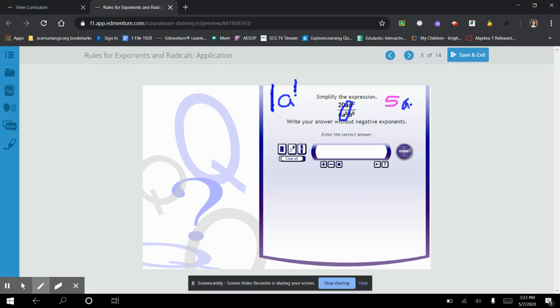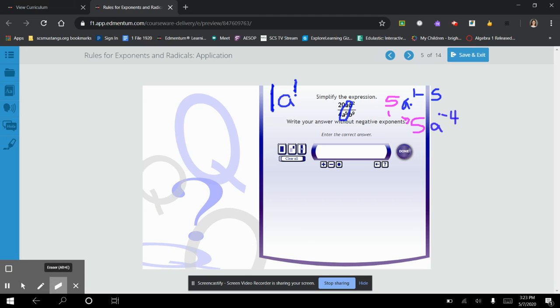So I've got a to the 1 minus 5. And then just go ahead and plug that in your calculator real quick. There's no sense in getting these wrong and then accidentally having a negative somewhere where it shouldn't be or missing a negative where you need it. So if I simplify, I'm bringing down the 5 that I had above. A to the 1 minus 5 is going to give me a to the negative 4.